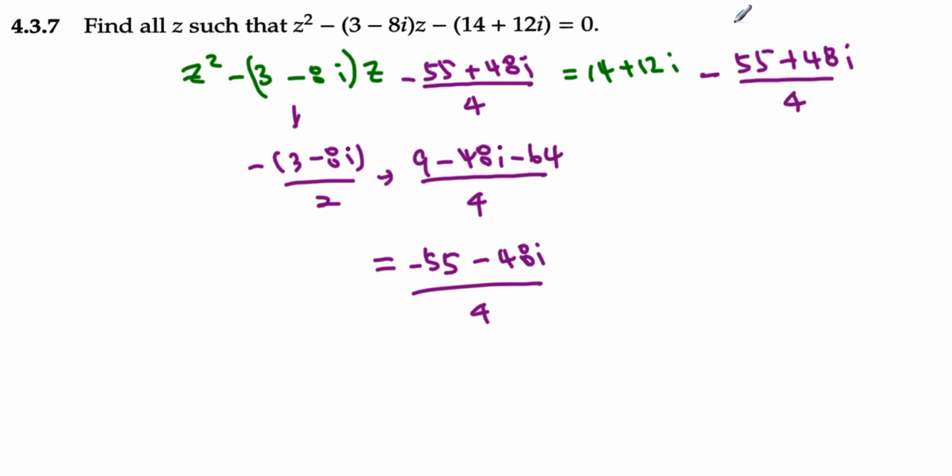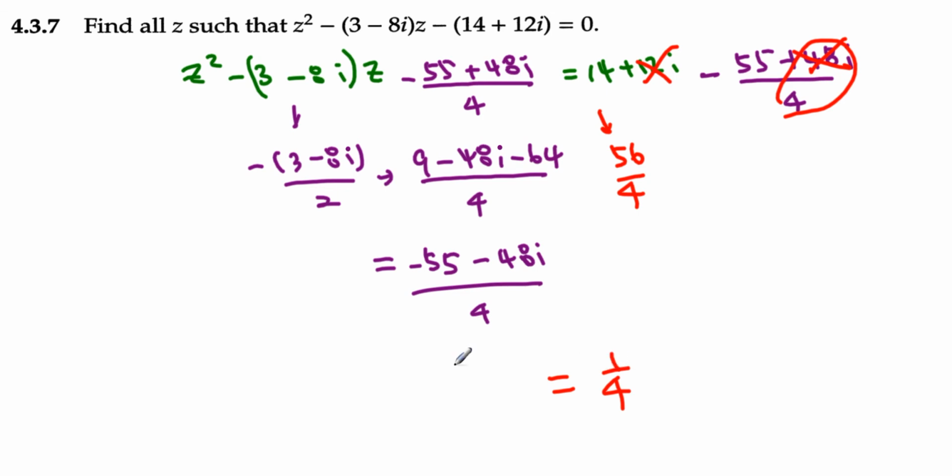But one thing that's interesting is this becomes positive 12i. With the negative sign, that makes it into negative 12i, which cancels out with this one. So when I complete the right side, I will end up getting 14 minus 55 over 4. Now 14 is in fact 56 over 4. So therefore we end up getting 1 over 4 on the right side.